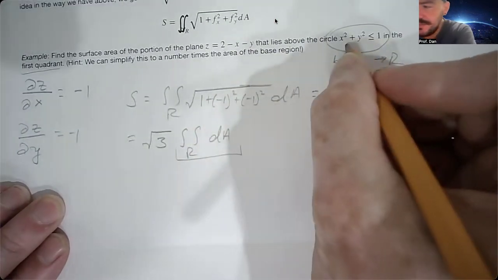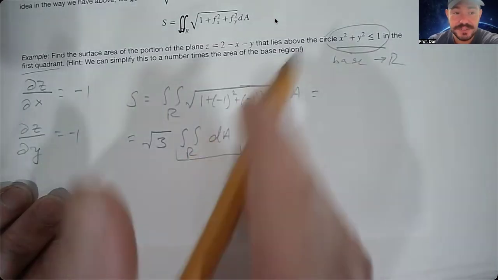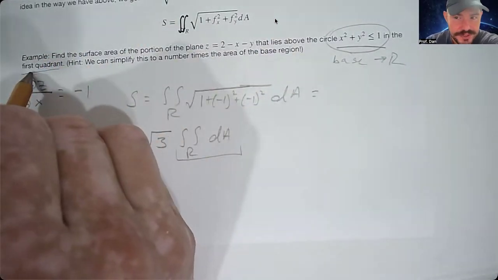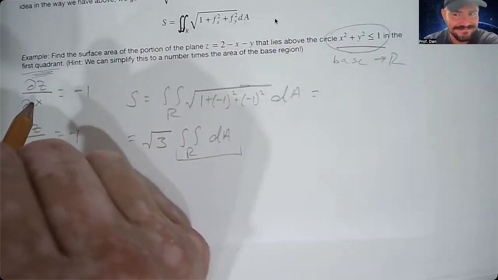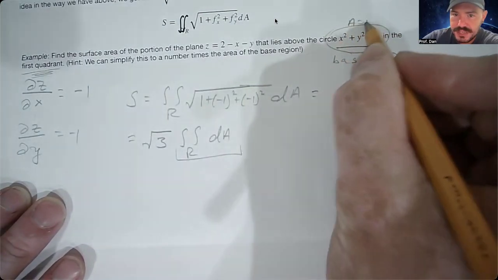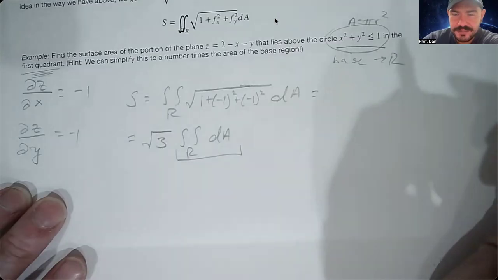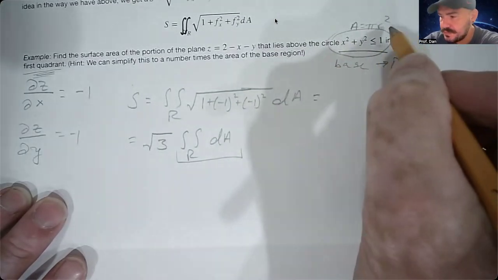And what shape is that? It's a circle. Technically, it's a quarter of a circle. You know a formula for that. The area of the entire circle would be pi r squared. If you were to look at this, the radius would be the square root of 1.